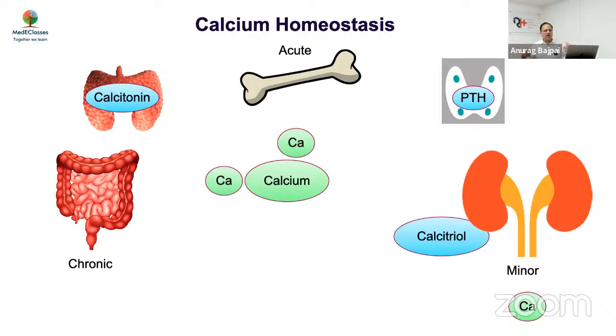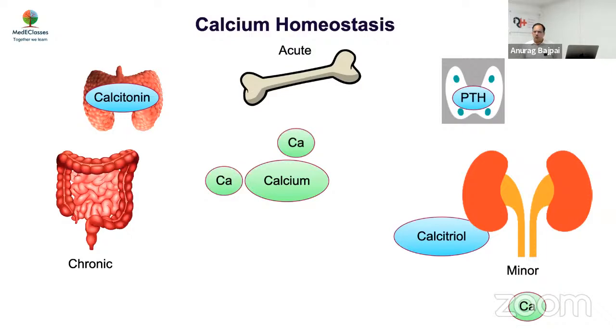Now, since the body has evolved in a calcium-deplete state, the evolution for conservation against hypocalcemia is much more as against conservation against hypercalcemia. So calcitonin is a minor player as far as the overall regulation of calcium homeostasis is concerned, because if you look at conditions wherein the calcitonin levels go really high, like medullary carcinoma thyroid, where the calcitonin level goes 1,000 times the normal level, still you do not develop hypocalcemia.